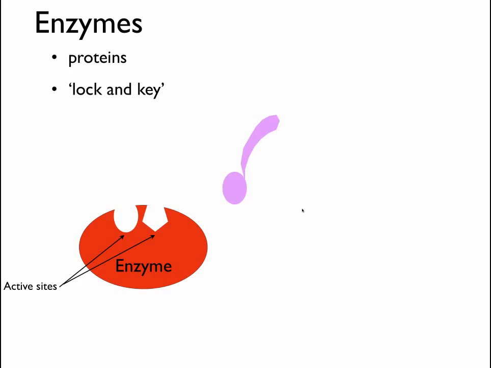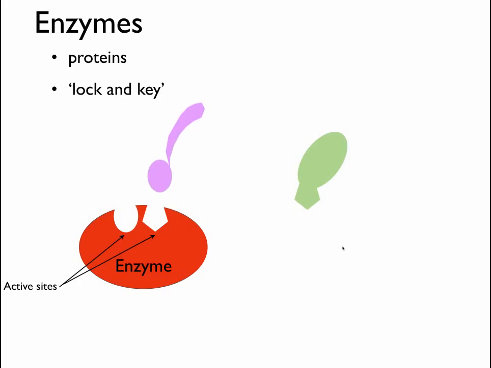Here's an example of one substrate, so we'll just call it the purple substrate, and another substrate, the green substrate. As you can see, the purple substrate will fit very nicely into the active site on the left, and the green will fit very nicely into the active site on the right. And what this enzyme will do is catalyze, bringing together these two substrates much more easily than meeting outside and having a very high energy requirement to react.